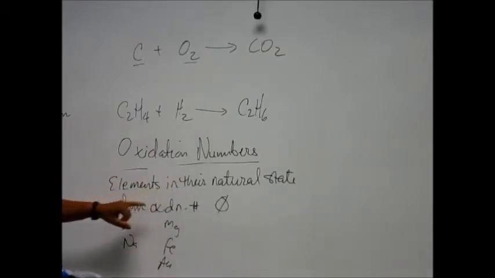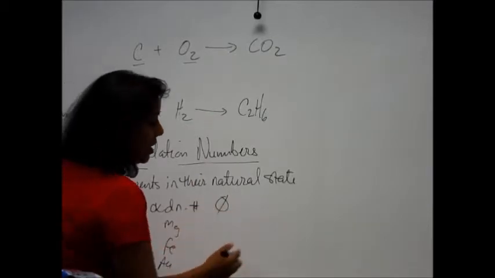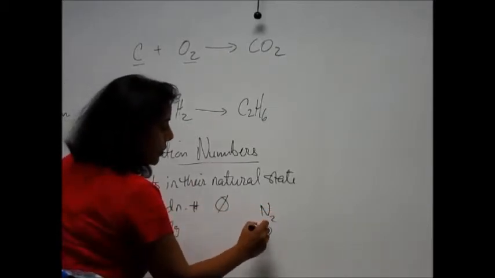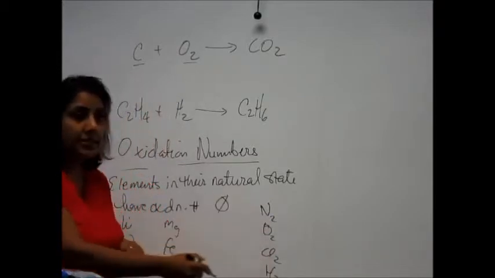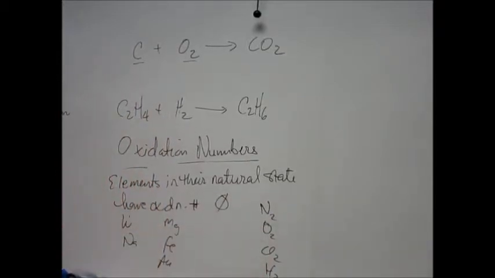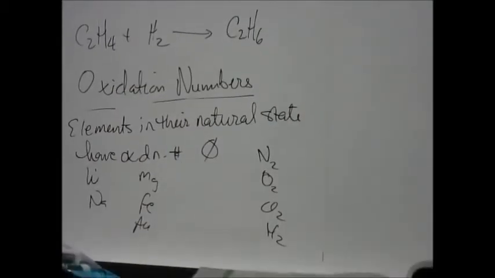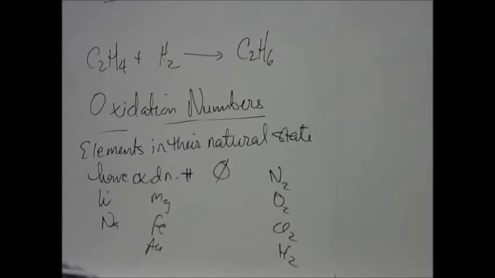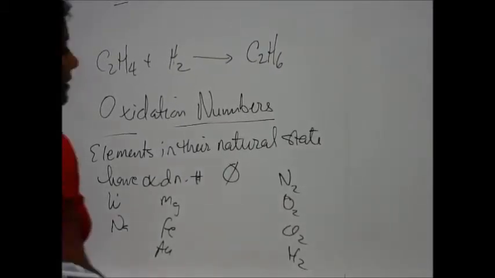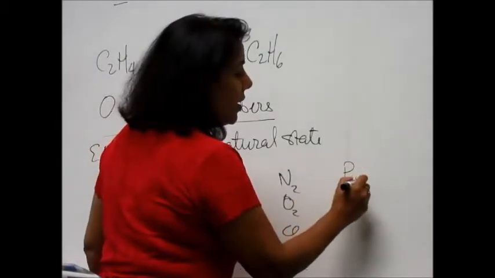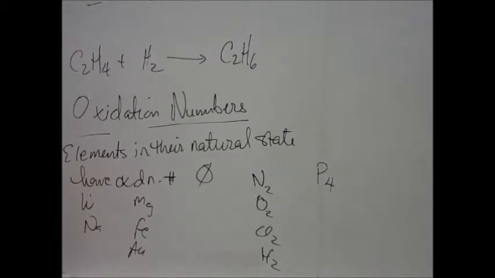Then the natural state for non-metals, that would be the diatomic gases. So for example, N2, O2, Cl2, H2, wherever you encounter these gases, which is how they exist on the earth. So I gave you 7 gases or compounds before that exist as diatomics, that will be 0 then. And then if you have something really odd looking, like P4, which really, what is P4?